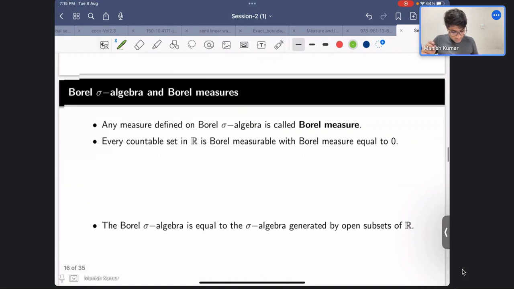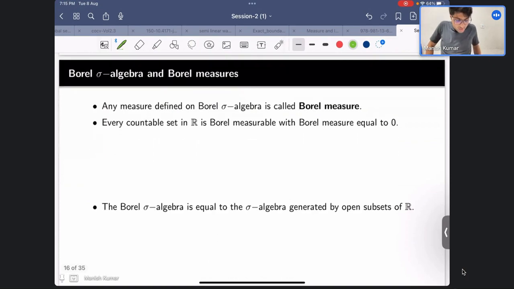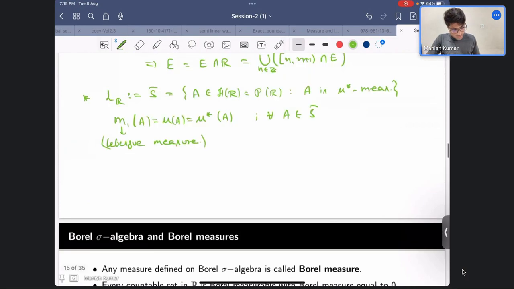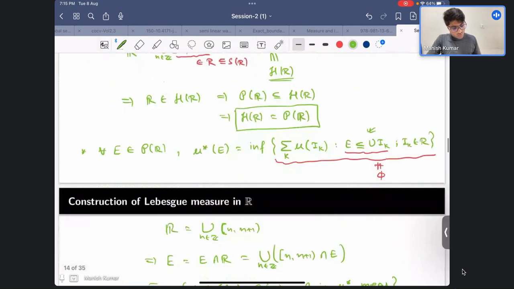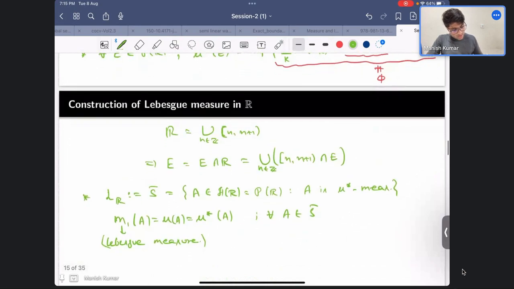So now, let us talk about the Borel sigma algebra. I forgot to tell you, maybe I should say it here. You remember that we defined this S bar, and then there was another set S of R, which is the sigma algebra generated by R. This S of R is called the Borel sigma algebra.